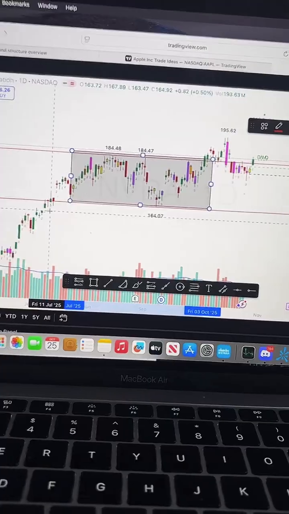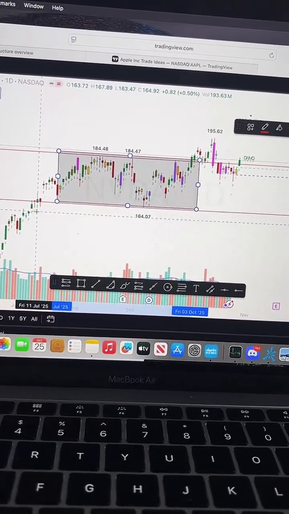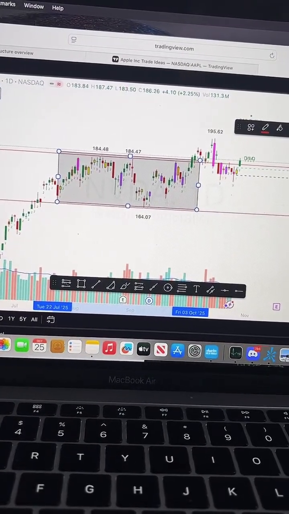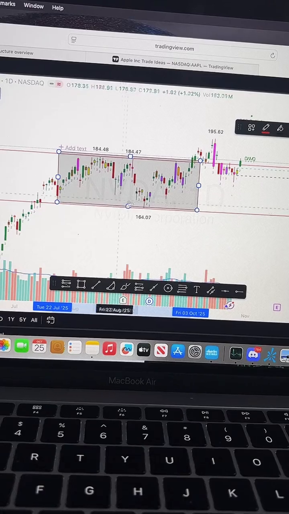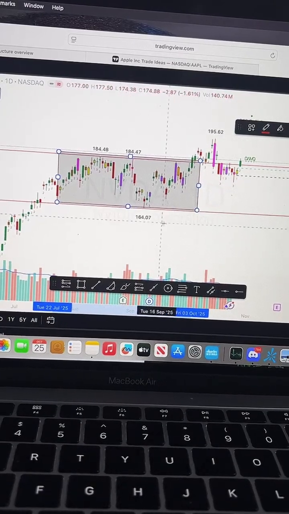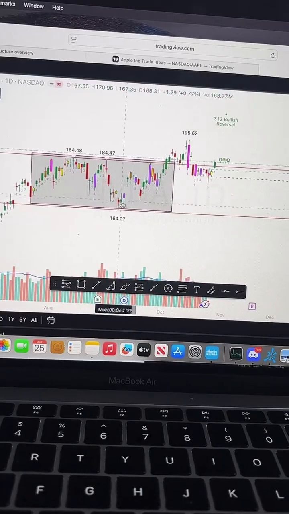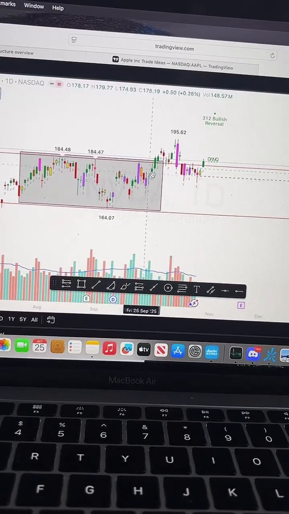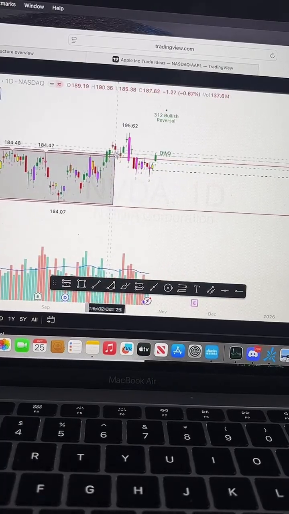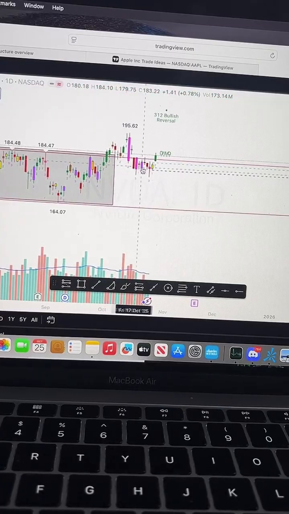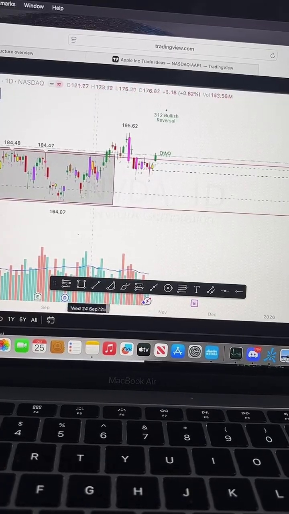Now, if you were following this consolidation, even though it's not a trend, when it got up here, you could kind of play puts because you're thinking it's going down. When it came down to these areas, you could play it up, but it's still choppy. No trend. This is consolidation. Now, we did just break out of this 184.48, but although we broke out, it didn't really hold, and we're kind of back in this consolidation area.